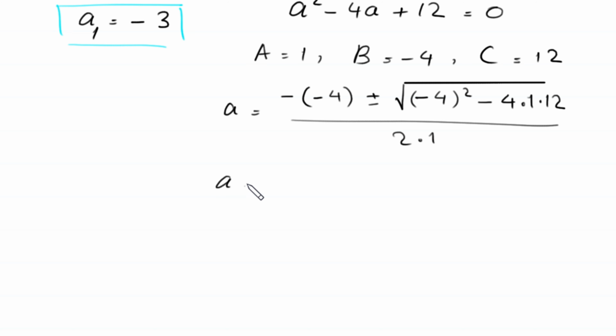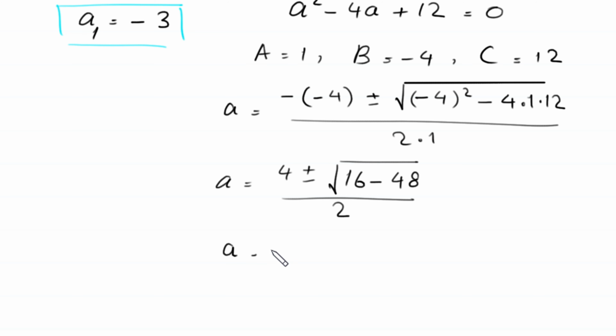Next, a is equal to negative times negative 4 will become 4 plus or minus square root of, this negative 4 squared will become 16 minus 4 times 1 times 12, 48, divided by 2 times 1, 2, and a is equal to 4 plus minus square root of 16 minus 48, negative 32, divided by 2.